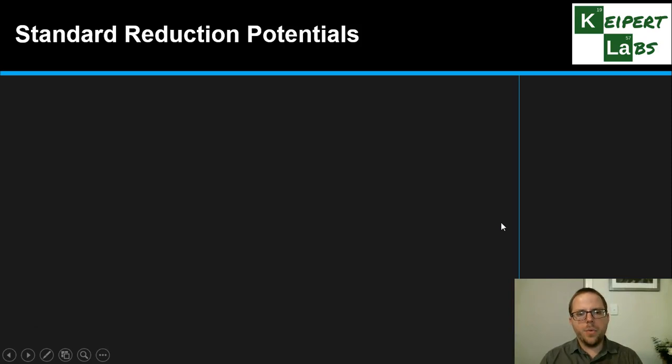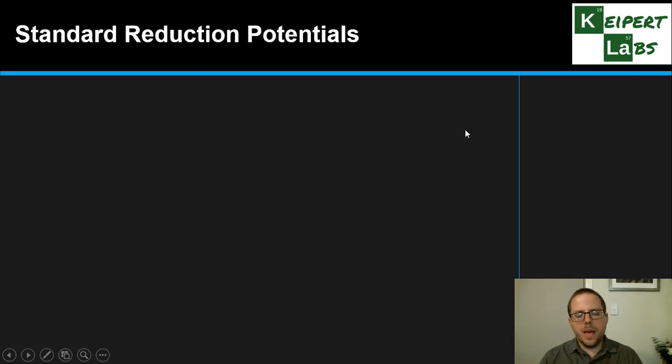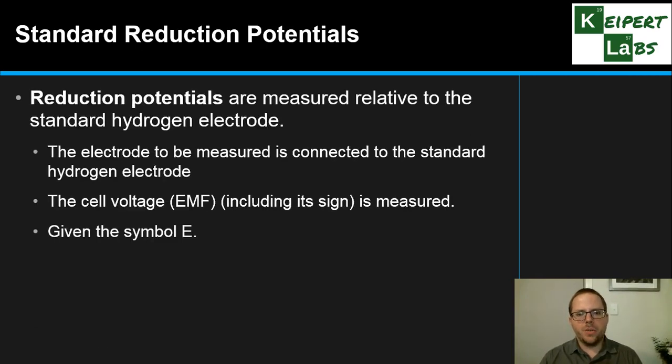Okay, so we're using our standard hydrogen electrode, connecting up all sorts of half cells, measuring the cell voltage, so that we can actually express some relative values. And these values we call standard reduction potentials. So they are a standard electrical potential, or values that are measured relative to our standard hydrogen electrode. Okay, so we connect it up, we measure the voltage, and we also include its sign.